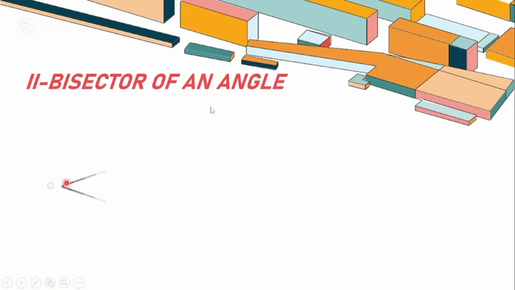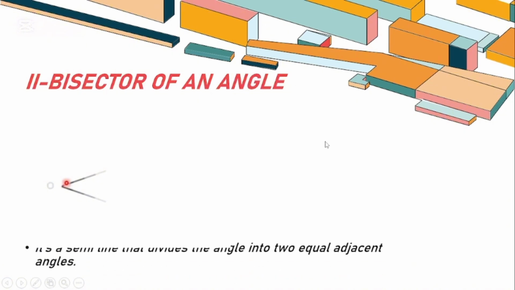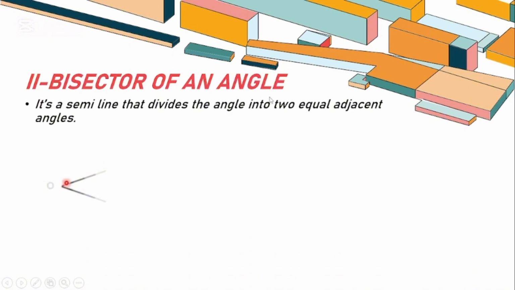Now the second line, which is bisector of an angle. So, Aida, what do you think? What is a bisector? So, it's an angle bisector that divides the angle into 2 equal adjacent angles.